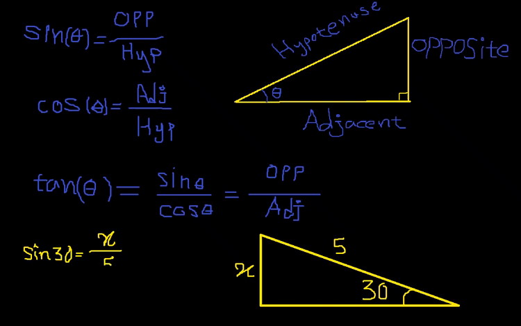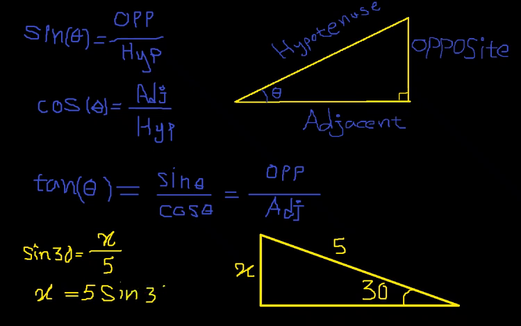From this equation, in the next line, we could say that x is equal to 5 times sine of 30 degrees.